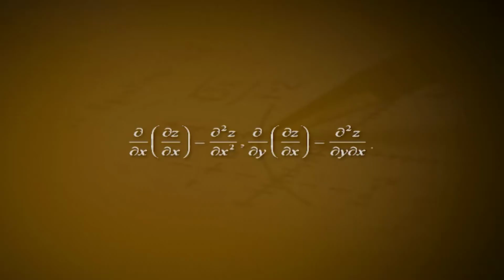We write ∂/∂x of ∂z/∂x = ∂²z/∂x² and ∂/∂y of ∂z/∂x = ∂²z/∂y∂x. Similarly, the second order partial derivatives ∂/∂x of ∂z/∂y and ∂/∂y of ∂z/∂y are respectively denoted by ∂²z/∂x∂y and ∂²z/∂y².